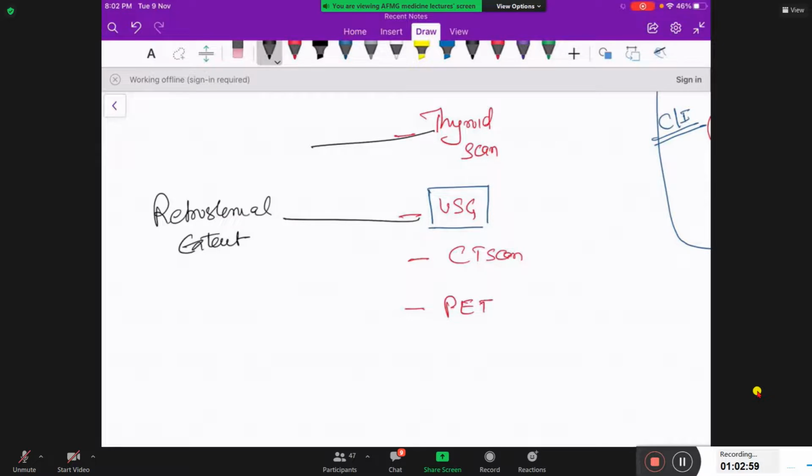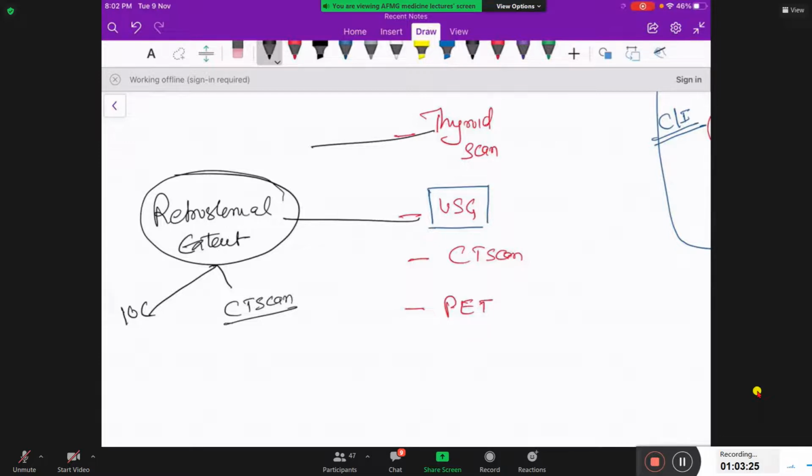To know the retrosternal extent of a thyroid gland, the investigation of choice is CT scan. Please be careful about it. Investigation of choice for retrosternal extent of thyroid is CT scan. Right?